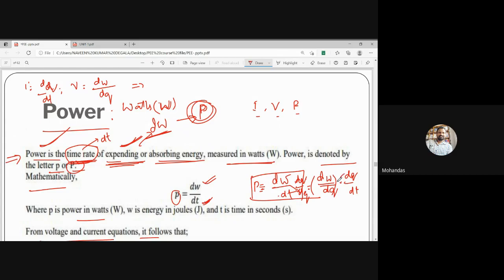Now tell me, what is dq by dt? Current I. What is dw by dq? Voltage. Very good. We can write the power as the multiplication of voltage into current.